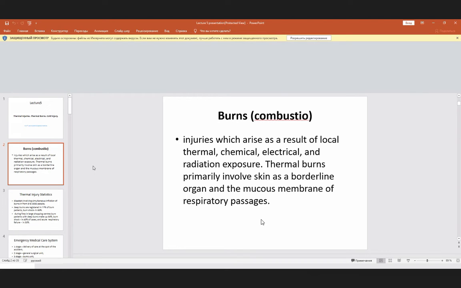In time of peace, thermal burns are most common. Burn as a battle trauma may be caused by incendiary mixture, nuclear weapons, heat flashes, which can include burn of skin, and cause damage to visual organs.